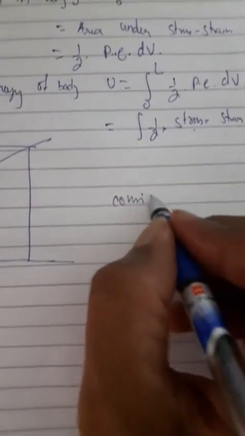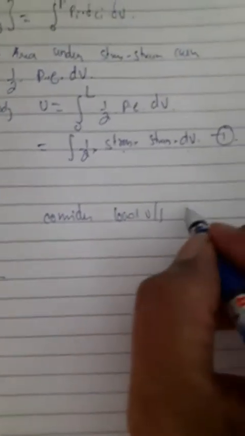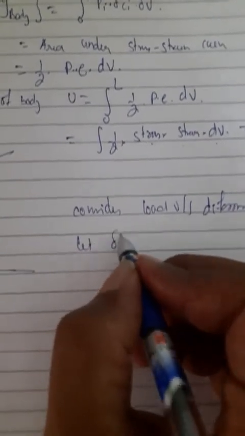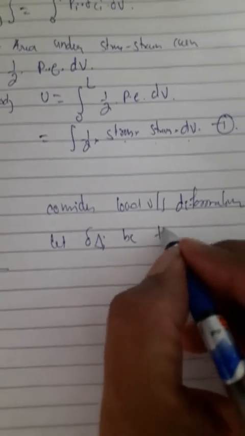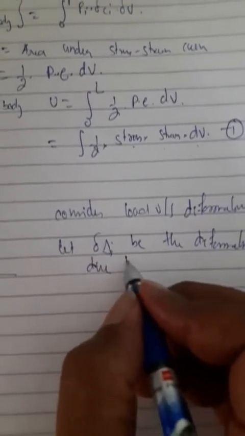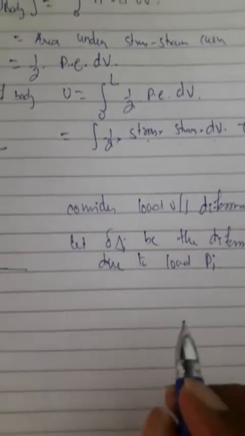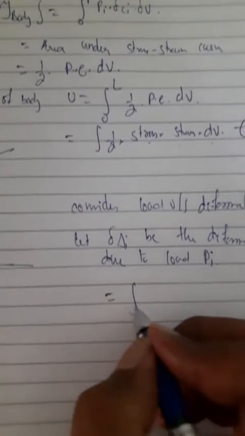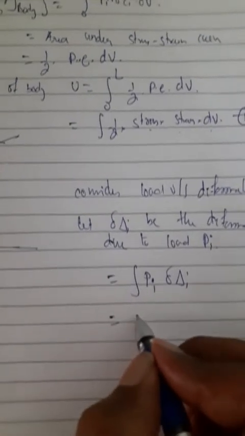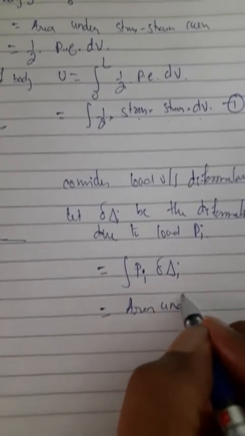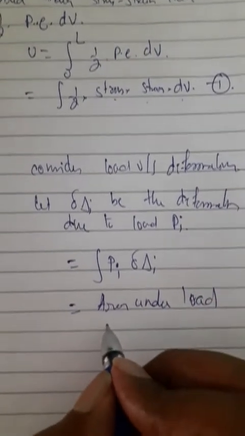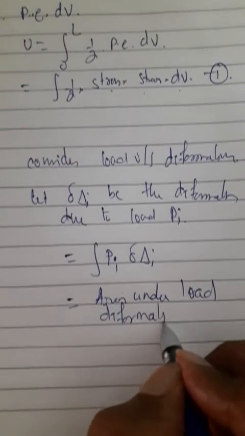Consider load versus deformation. Let delta of theta be the deformation due to load pi, and that is given by integration of pi into I, and this is nothing but the area under the load deformation curve.